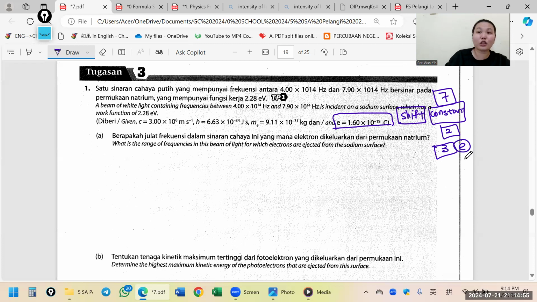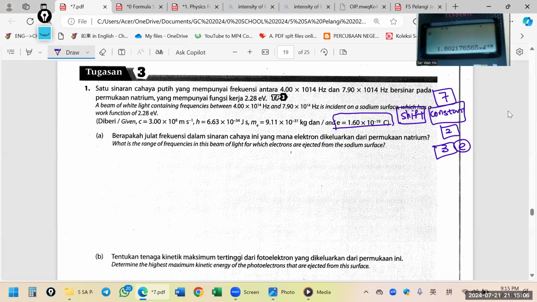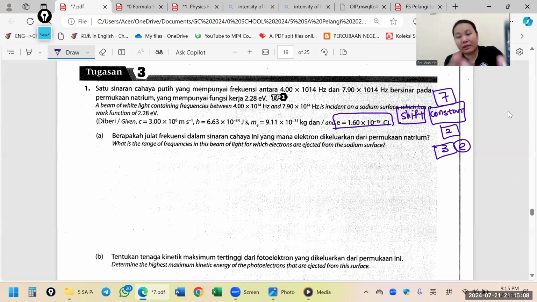This e means the charge of an electron. Then you press equal, and you will get 1.6 times 10 to the negative 19 coulomb of charge.